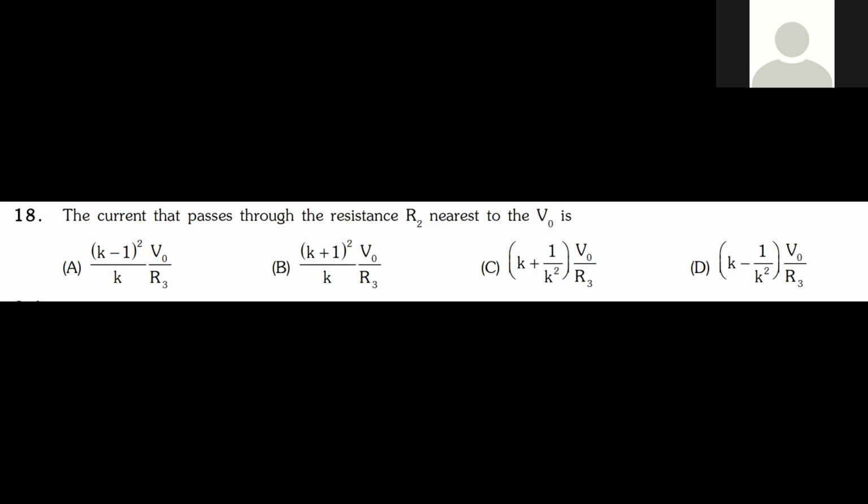Option A. K minus 1 whole square by K, V0 by R3. Option A, sir.